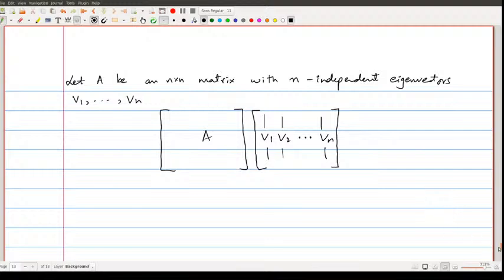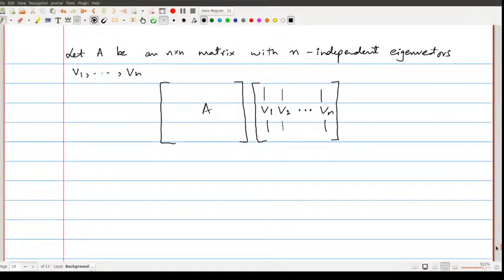What happens when I do this? Of course, with each of these eigenvectors there will be an eigenvalue associated: lambda 1, lambda 2, and lambda n. When I say these are eigenvectors, I mean A times V1 will be lambda 1 times V1, A times V2 will be lambda 2 times V2. That's the basic definition of an eigenvector.